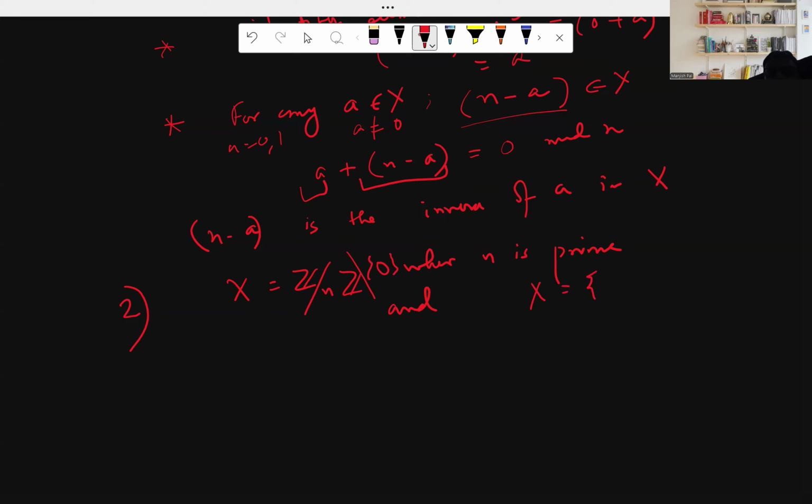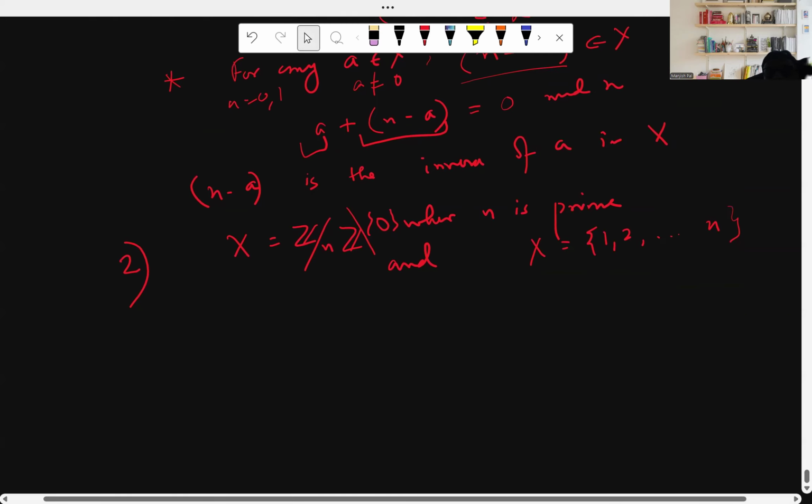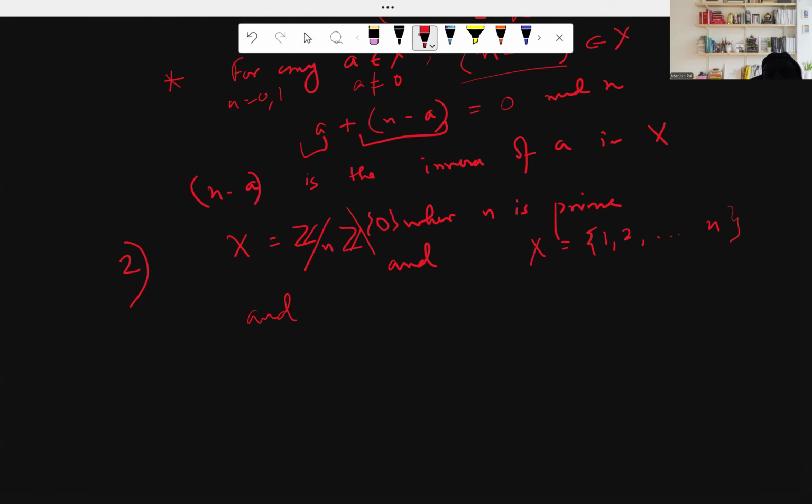So X is basically 1, 2 till n minus 1. And the operation is multiplication mod n.